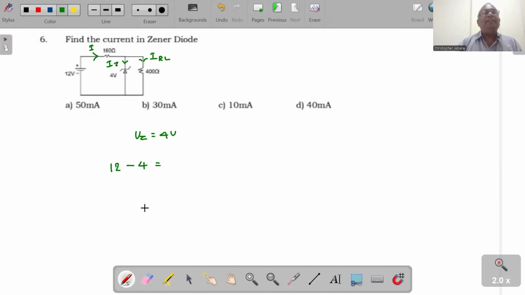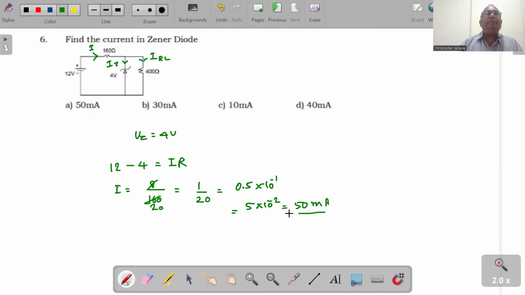Equal to R into I. The total current will be equal to 12 minus 4, which is 8, by resistance 160, which is nothing but 8 by 160, which is 1 by 20. 1 by 20 is nothing but 0.5 into 10 to the power of minus 1, can be written as 5 into 10 to the power of minus 2, or 50 into 10 to the power of minus 3, which can be written as milliampere. Okay, this is the current I.